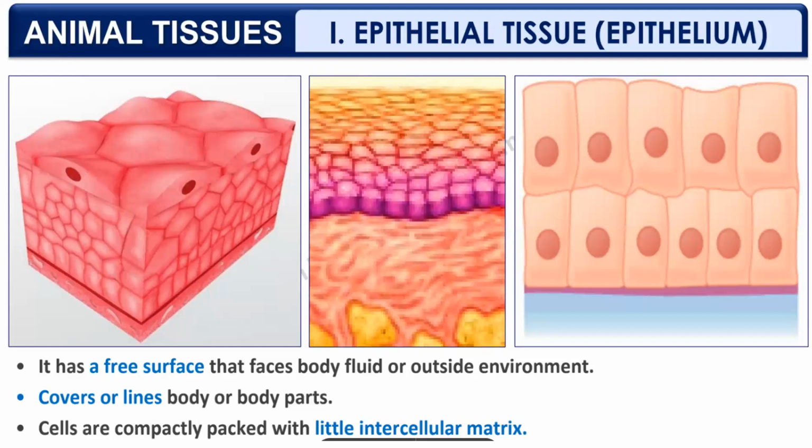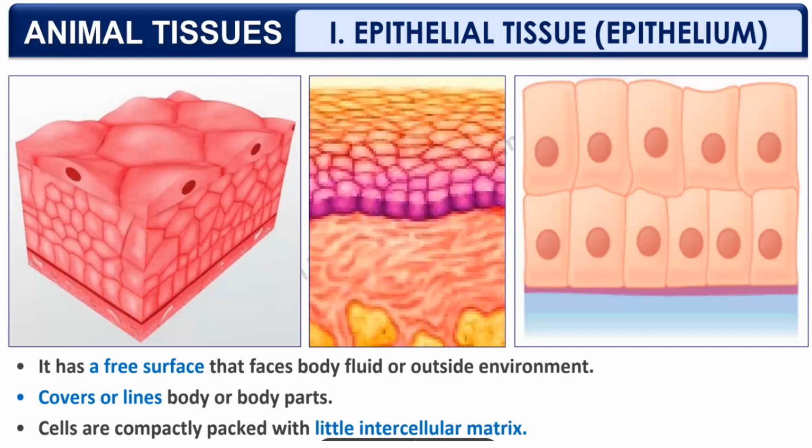So wherever required, the layer will be thick or thin. Cells are compactly packed and they have little intercellular matrix.